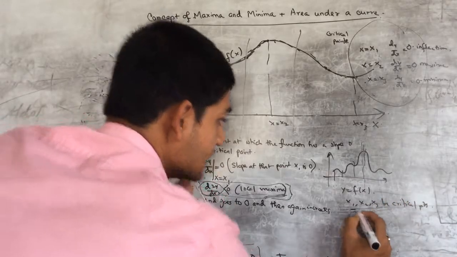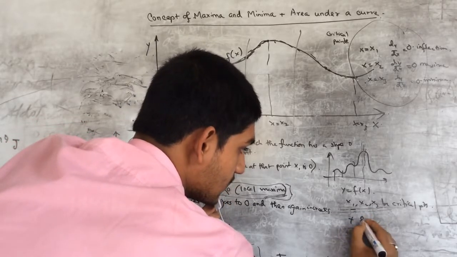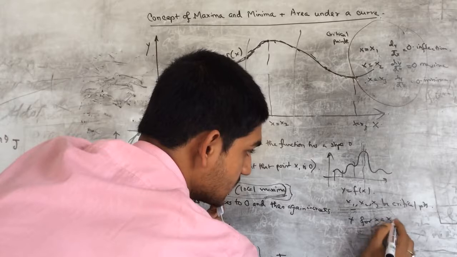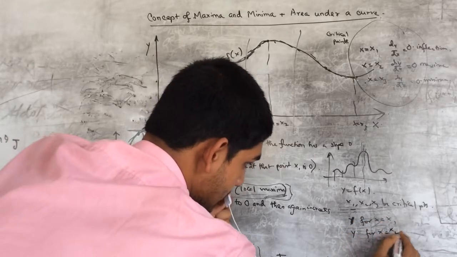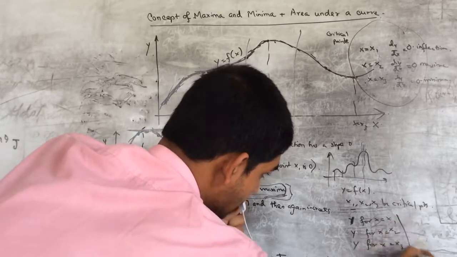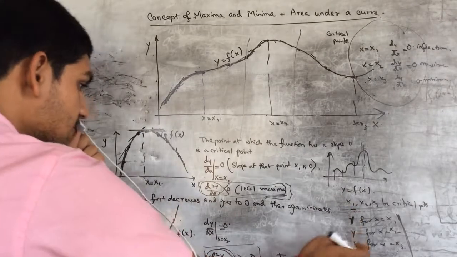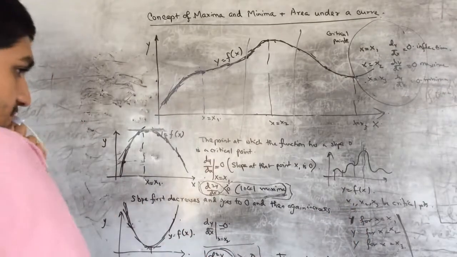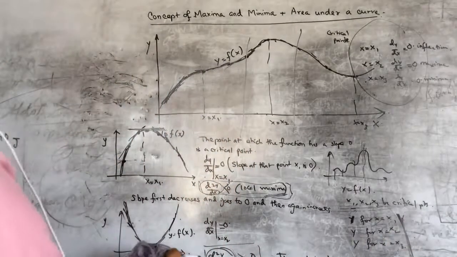Then we analyze what is y for x equals x1, what is y for x equals x2, and what is y for x equals x3, and then we compare which is the maximum of those three values of y. That will be the global maxima. So this is the case of maxima and minima.